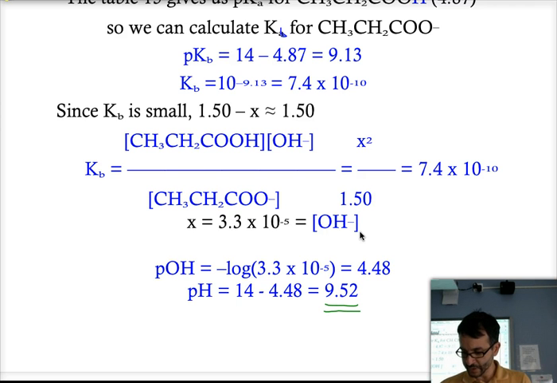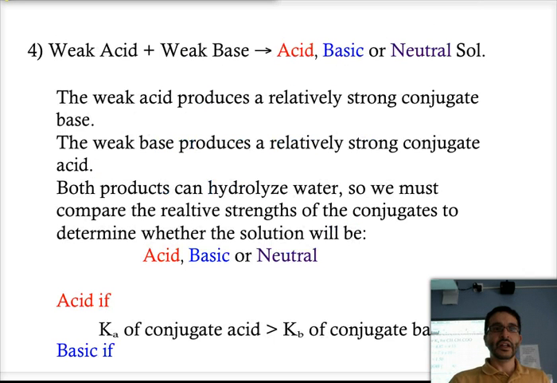Please keep this in mind, and we will carry on. What happens if we have a weak acid and a weak base? Well, your bet is as good as mine.